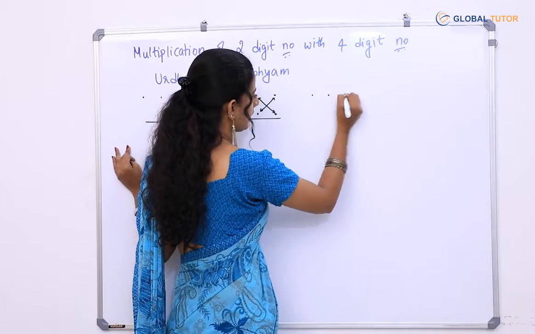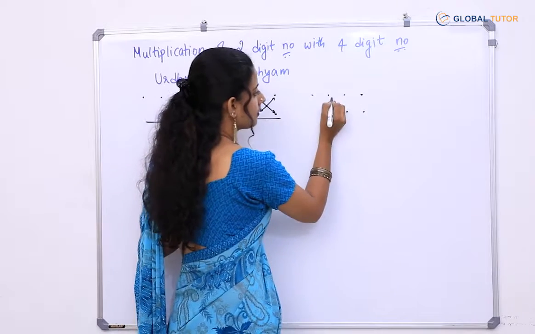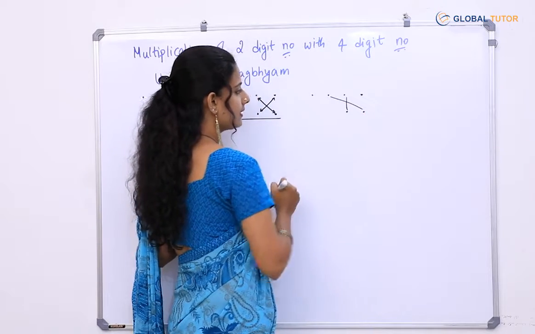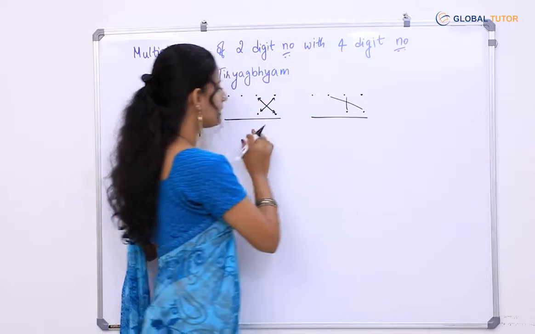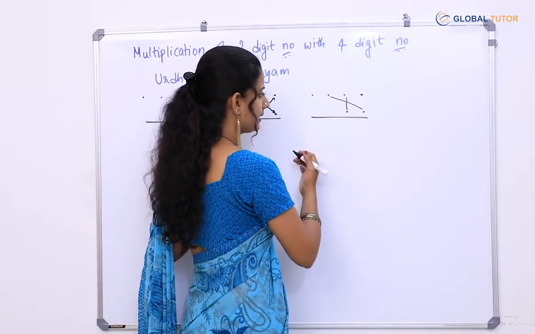Now in the third step, you multiply these two and then multiply these two. If you have any number to carry forward from the previous step, that also you add here.